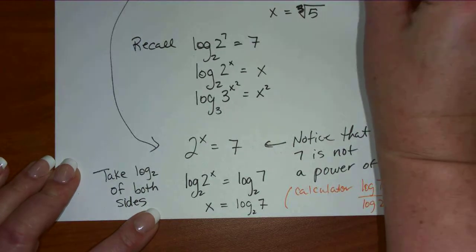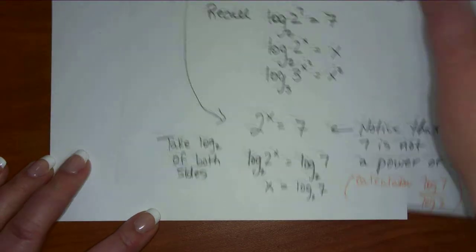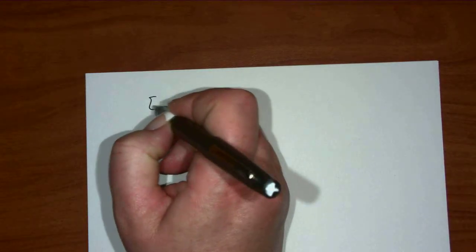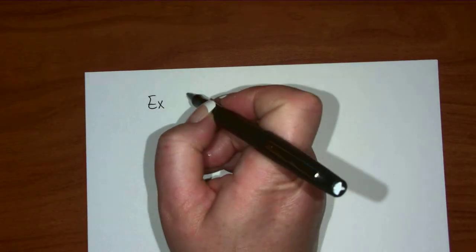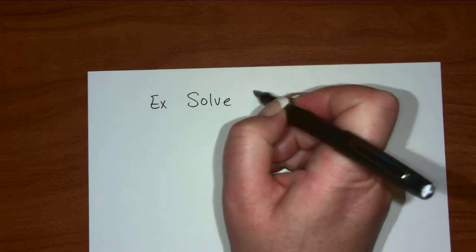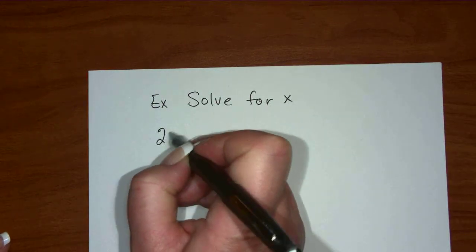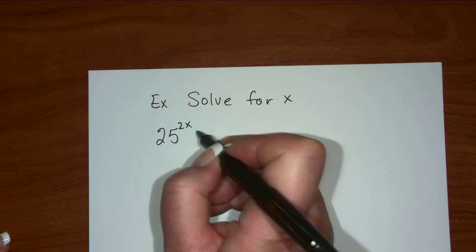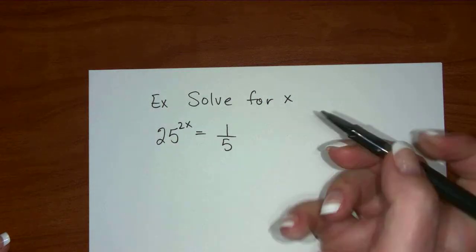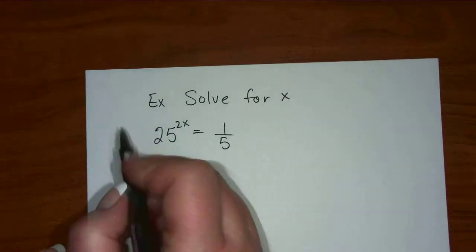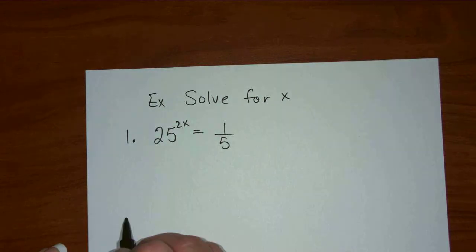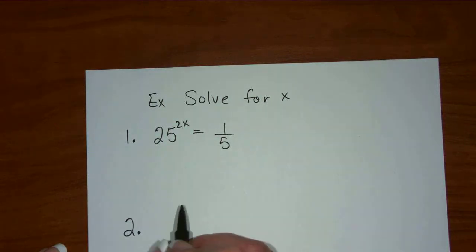So we'll do a couple of those. The question is solve for x. Some of these will work and some of them won't. So there's number 1. Number 2.